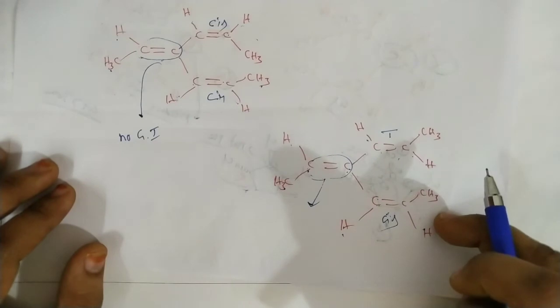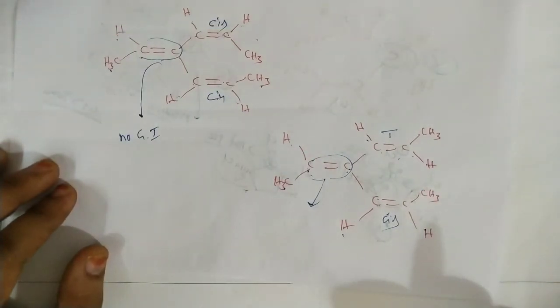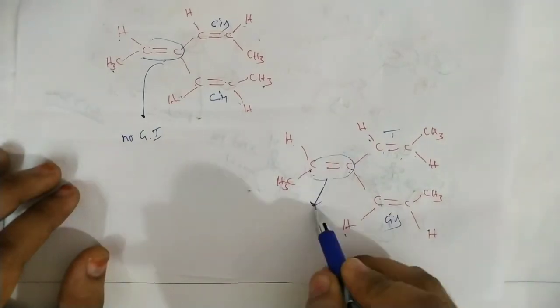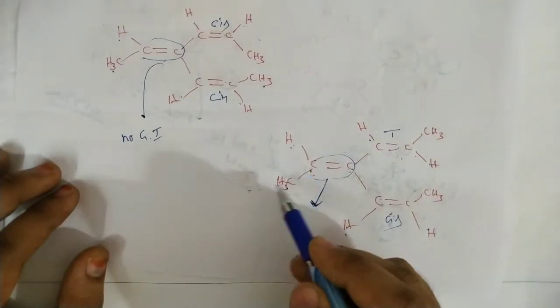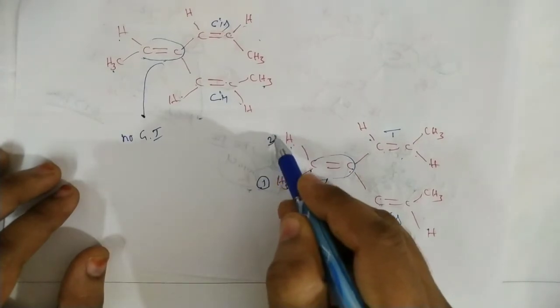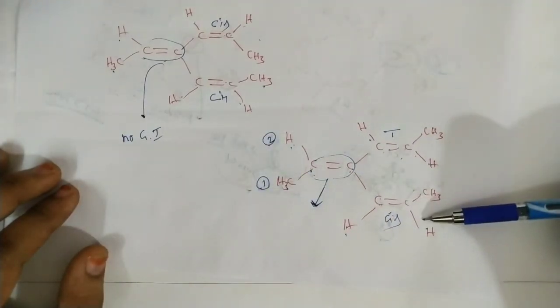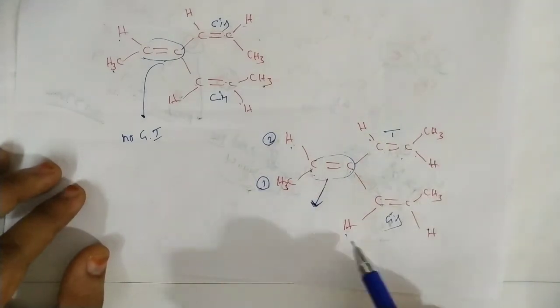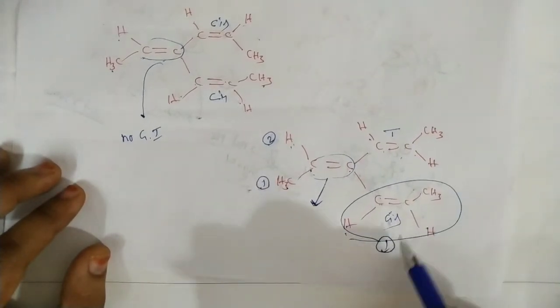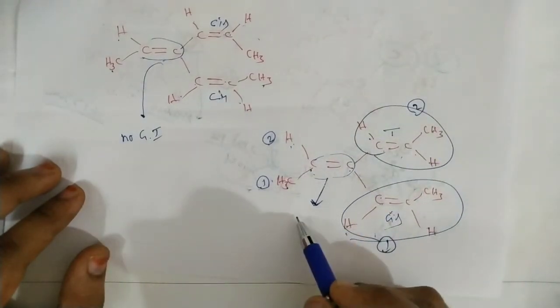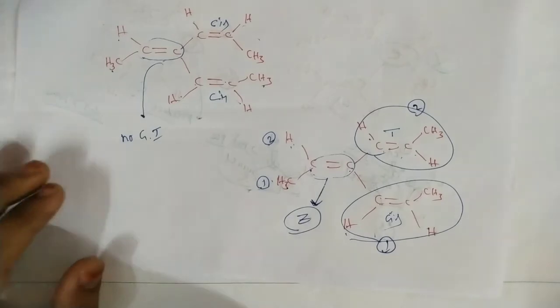Let us try to give the configuration of this C double bond C. Hydrogen and methyl, methyl gets high priority, hydrogen second priority, and this is the trans configuration group and this is the cis configuration group. Between these two, which one gets high priority? This one gets high priority and this one gets second priority. So the high priority groups are on the same side, so its configuration is Z.